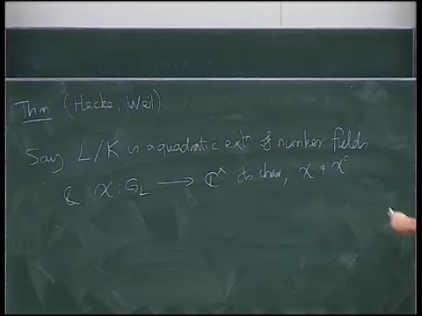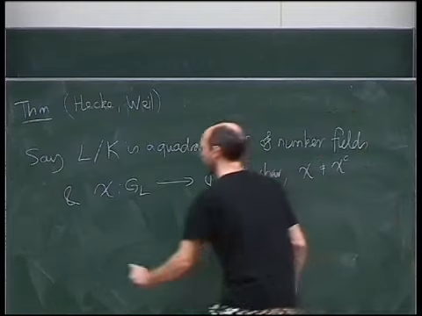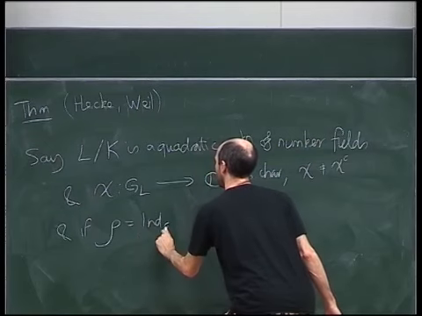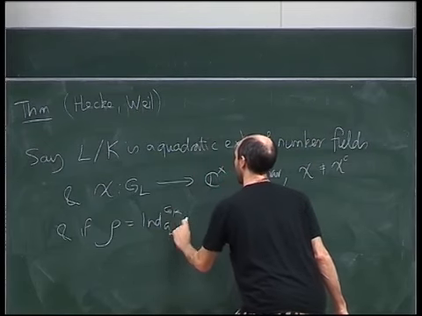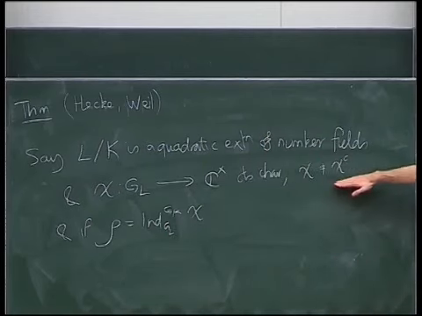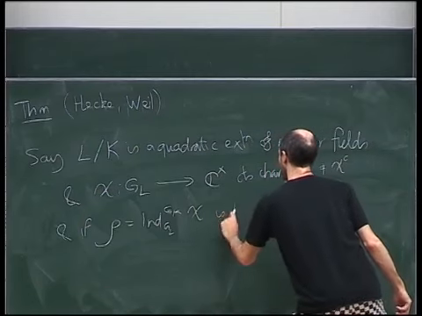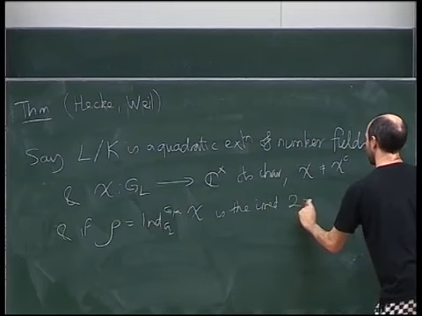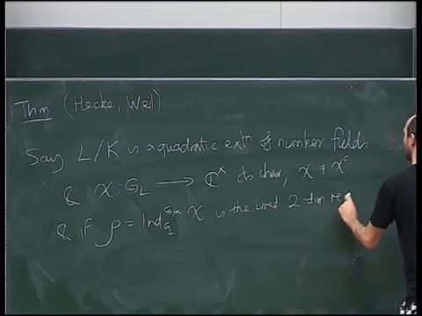So if chi doesn't equal its conjugate, and if rho is the induction from Gal(L bar over L) up to Gal(K bar over K) of chi, so that's now a two-dimensional representation, and this assumption means it's irreducible, the irreducible two-dimensional representation induced by chi.